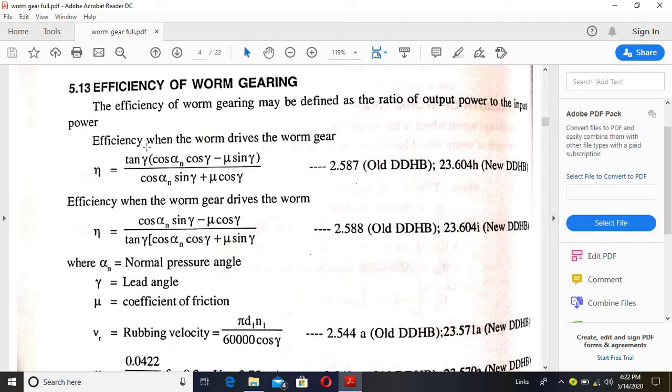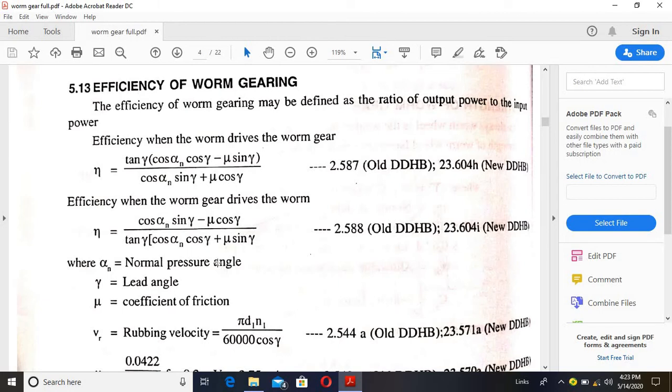Therefore, efficiency when the worm drives the worm gear. When worm is the driver and worm gear is the driven, then this is the formula to calculate efficiency from equation number 23.60. And another efficiency when worm gear drives the worm. When worm gear is the driver and worm is the driven, this is another formula.